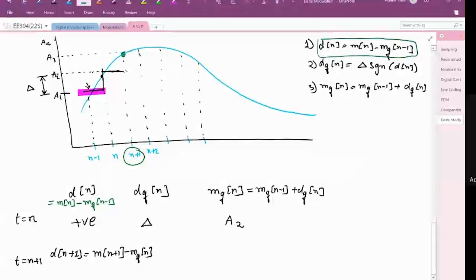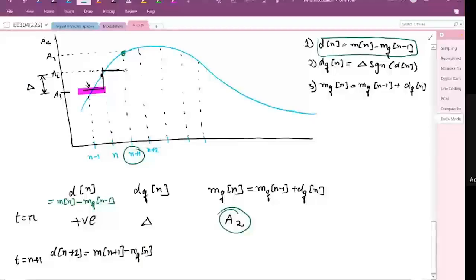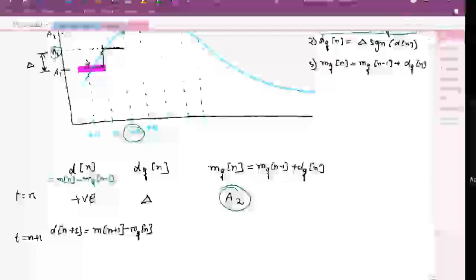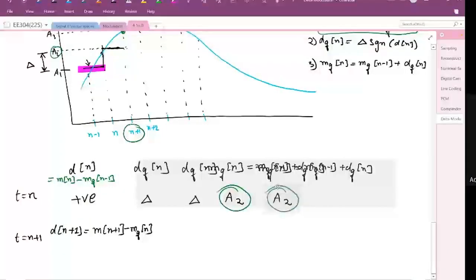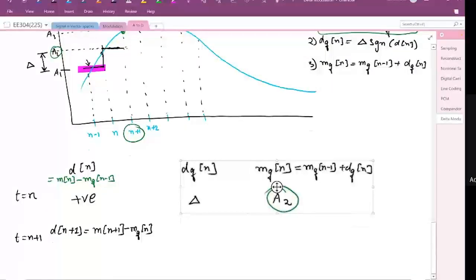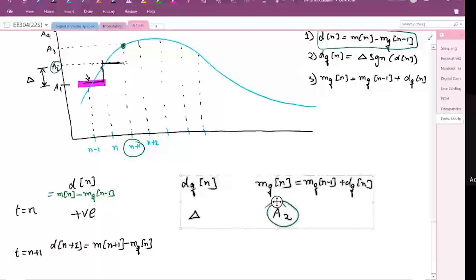Mqn is level a2, this level. So in that sense, what is dqn? Will this dn be positive or negative? Positive. That is again positive.